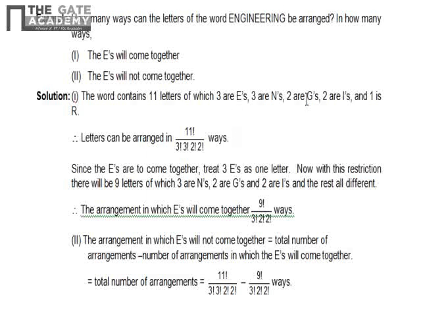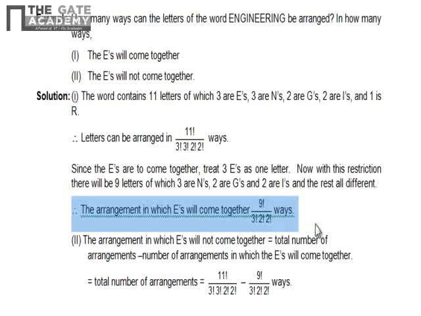Now if you find the arrangement, it will be 9 factorial upon 3 factorial into 2 factorial and 2 factorial. Remember, here we have taken this 3 factorial for E, but now if we are assuming that E should be coming together only, then we have to eliminate this one.